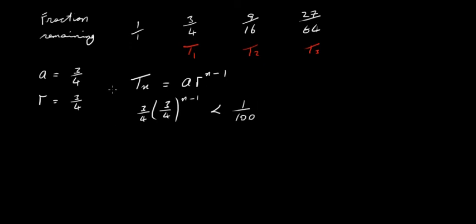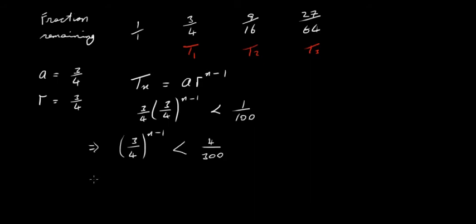First thing I'm going to do is divide across by 3/4. So if we divide across by 3/4, we'll end up with 3 over 4 to the power of n minus 1 on this side, and on this side we'll end up with 4 over 300. Dividing 1 over 100 by 3 over 4 is the same as multiplying by 4 over 3, multiplying the top by 4, the bottom by 3.